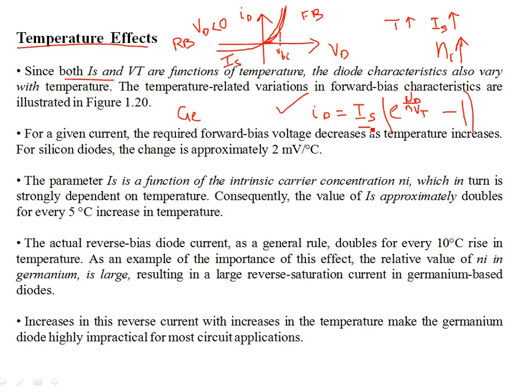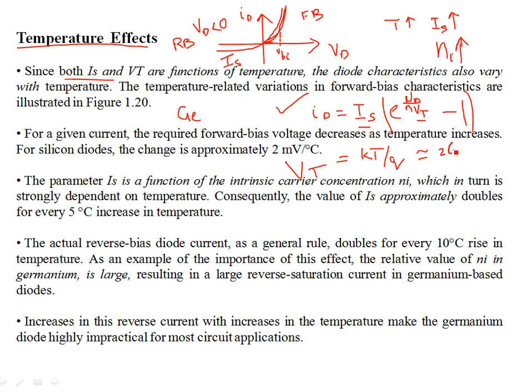IS has a temperature dependence. As the temperature increases, there's more free carrier concentration. The other parameter that depends on temperature in this relationship is VT, the thermal voltage. If you remember, VT is kT by q, where q is the fundamental charge. At room temperature, this is approximately equal to 26 millivolts.